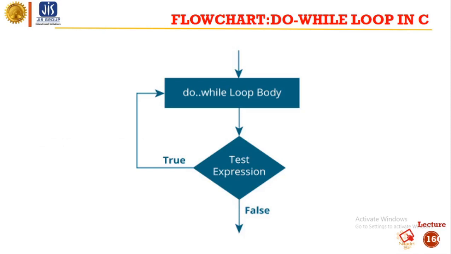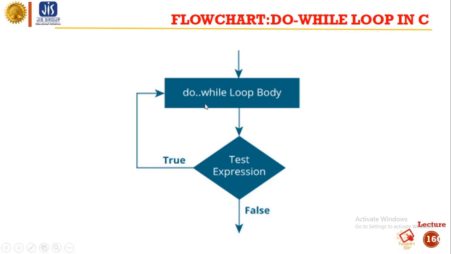So this is the flowchart. As you can see, this is the do while loop body. At first there is no check, the loop body will be executed once, and after that there is a test expression.